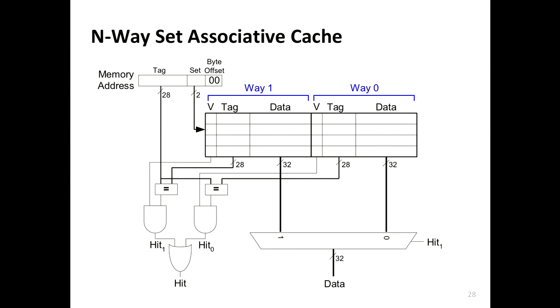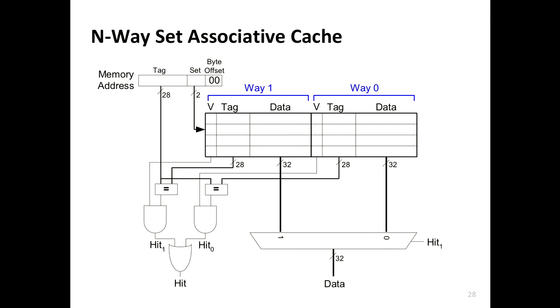Set associative cache is organized in much the same way, except that if your address has a specific set value, you don't have only one place to go, but multiple places, so you have multiple ways for your data. In this specific example, you have two different ways. For a specific set value, you can go to either way 1 or way 2. So you add some performance to the system.